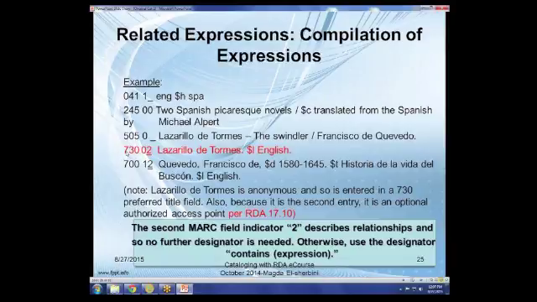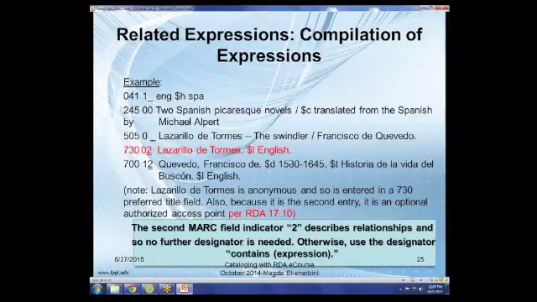And 730 is to indicate that you're not just using the title of one of the works contained in the resource, but the uniform or preferred title, in Lazarillo de Tormes English. That is the approved form of the title.